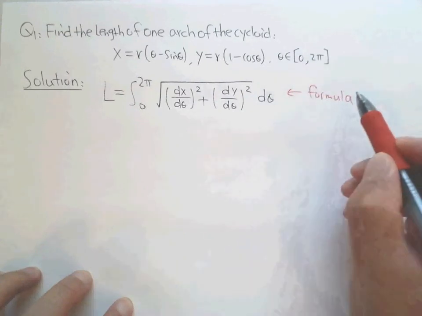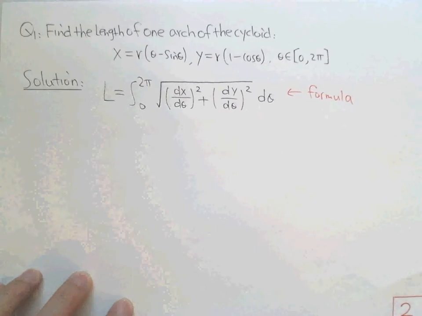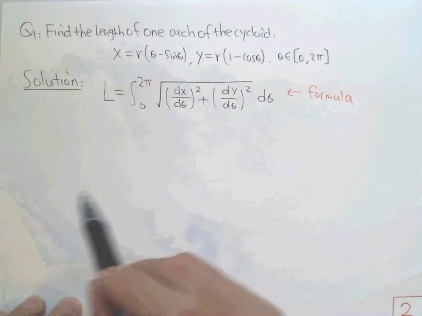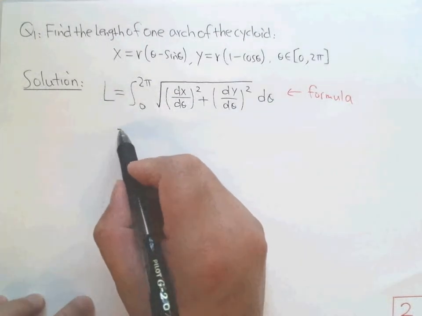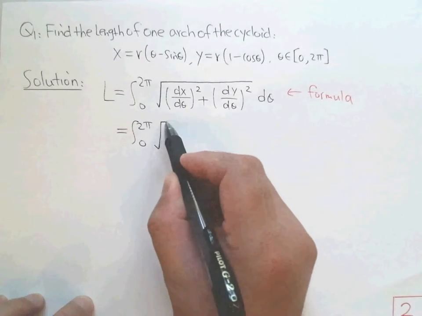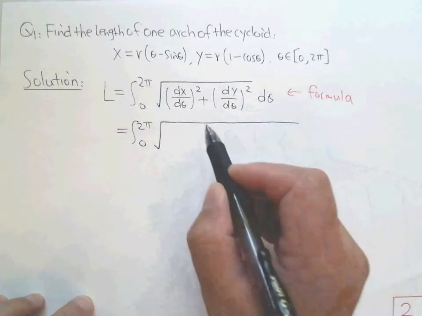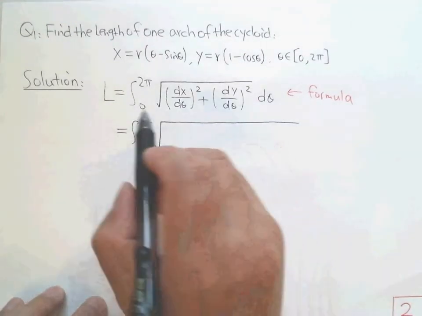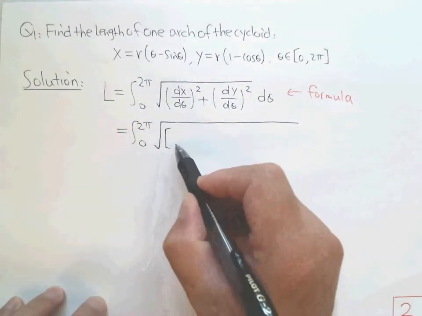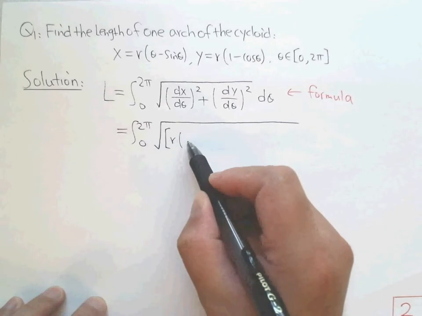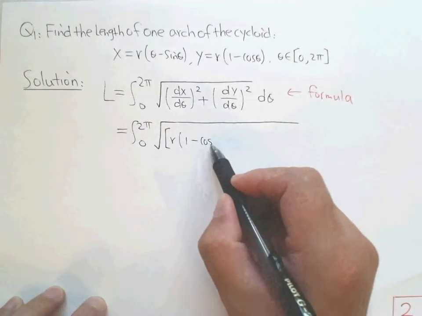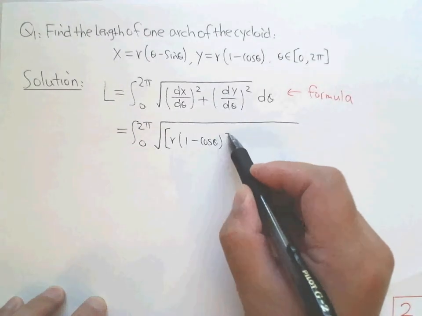So now what do we need to do? We just do calculation, plug the derivative in. So what is the derivative? Let me put it here: 0 to 2 pi. Okay, a little bit longer this time. What is x's derivative with respect to theta? R is still there, and that's 1, so take the derivative: r times 1 minus cosine theta, squared.